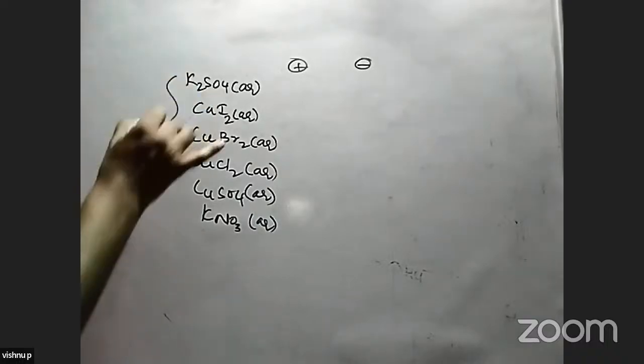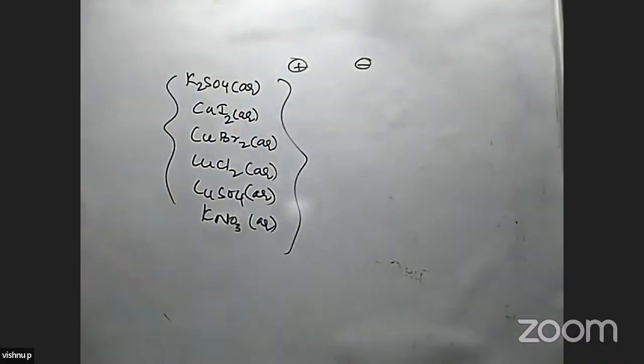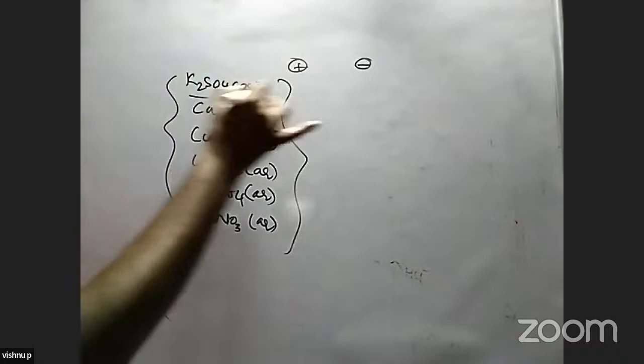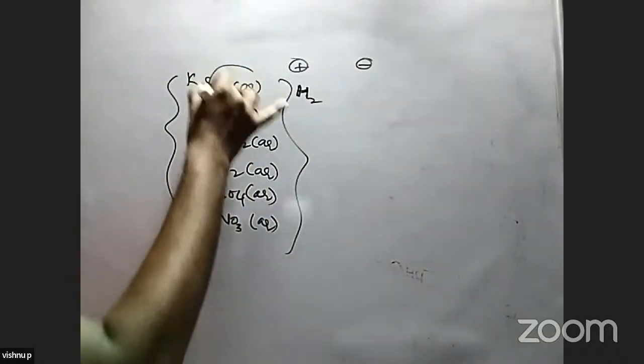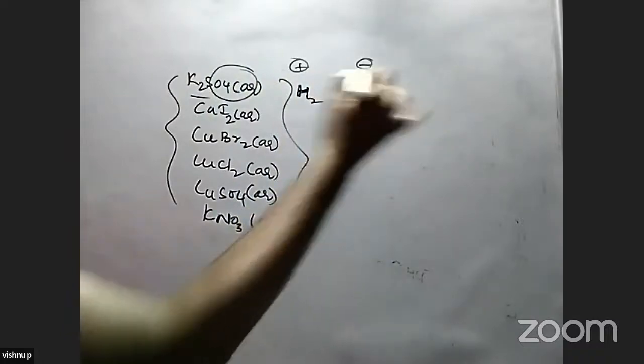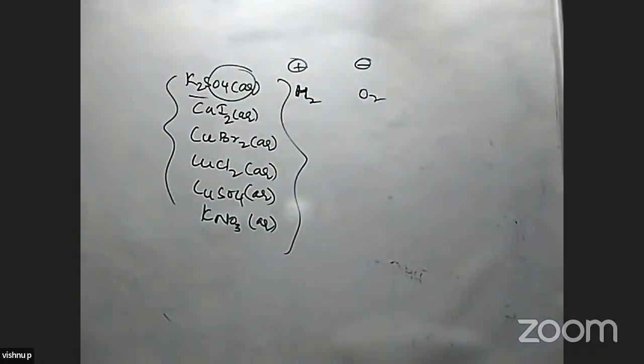Find out what are the products in case of potassium sulfate. We know that when 1A, 2A, 3A group metals are present, hydrogen is evolved at cathode. Since sulfate ions are present, oxygen is evolved at anode.